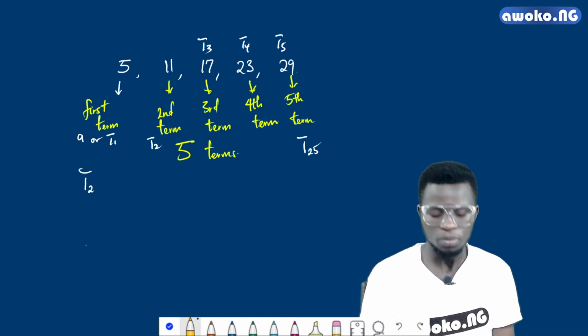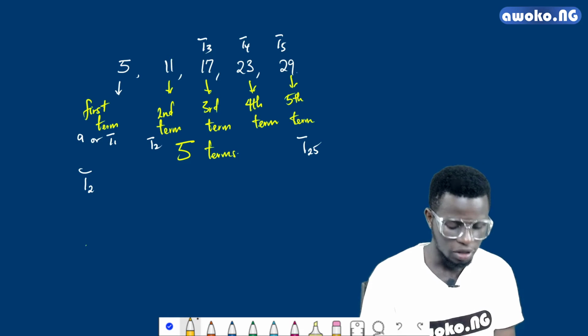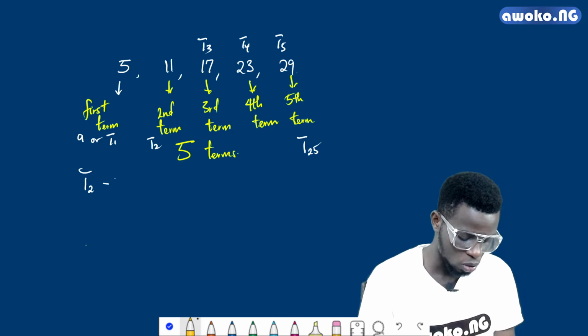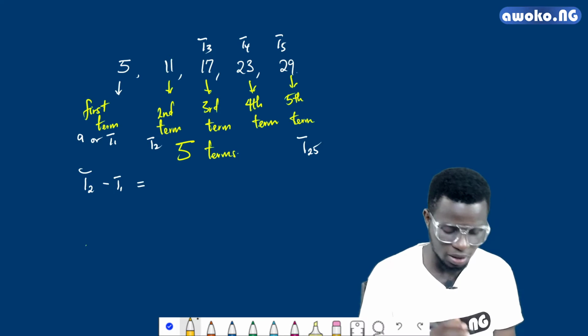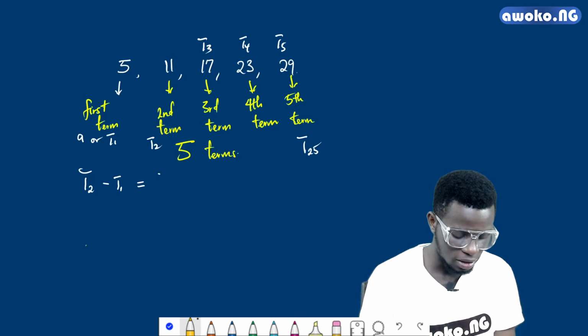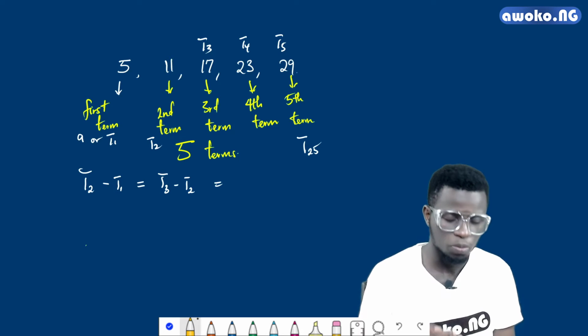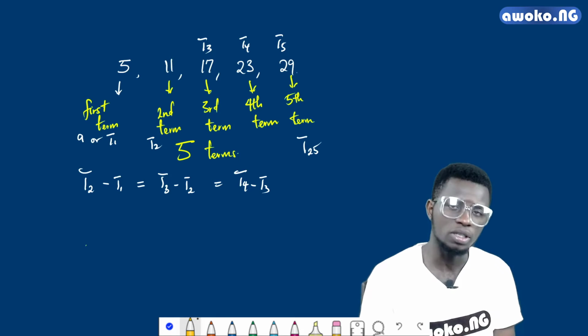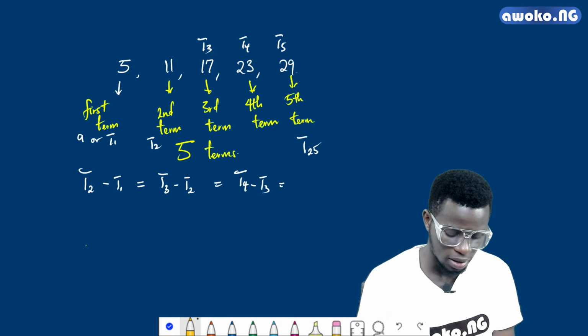The difference between the second and the first term, T2 minus T1, must be the same as T3 minus T2, which must be the same as T4 minus T3, and for this sequence must be the same as T5 minus T4.